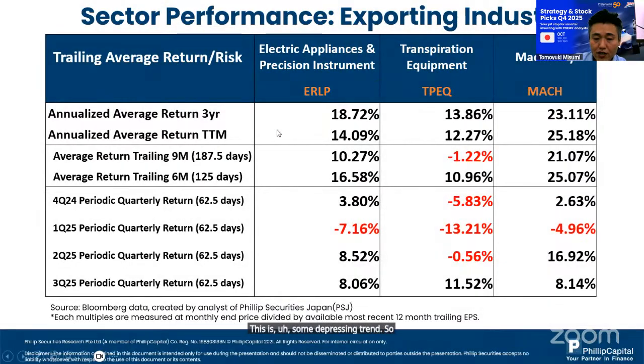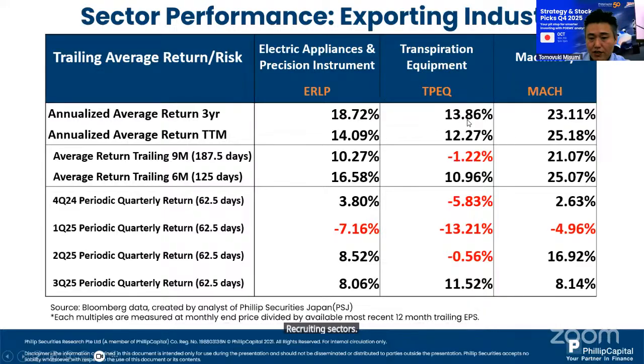The trailing 12 months underperform the 3-year average returns, but the last 9 months and last 6 months are in a recovery trend, with 8.52% and 8.06% in the last two quarters. Transportation equipment is the automobile industry, including its sectors.